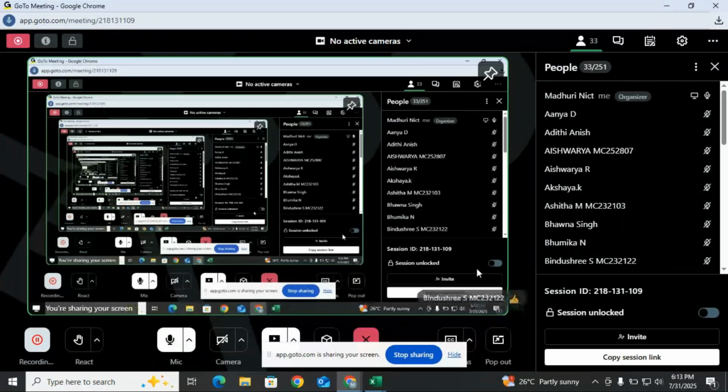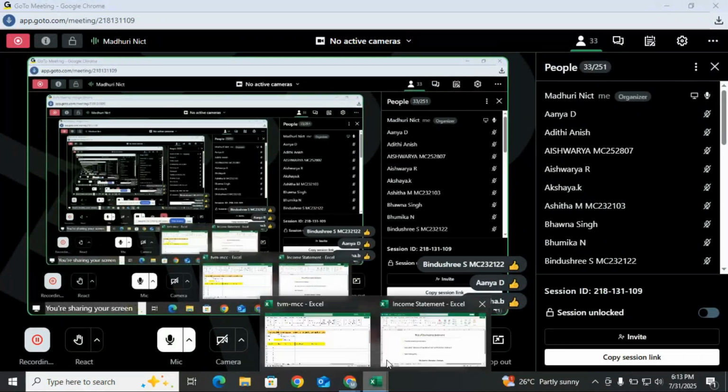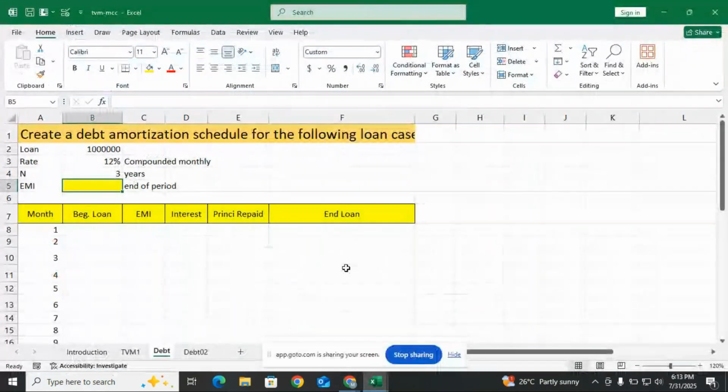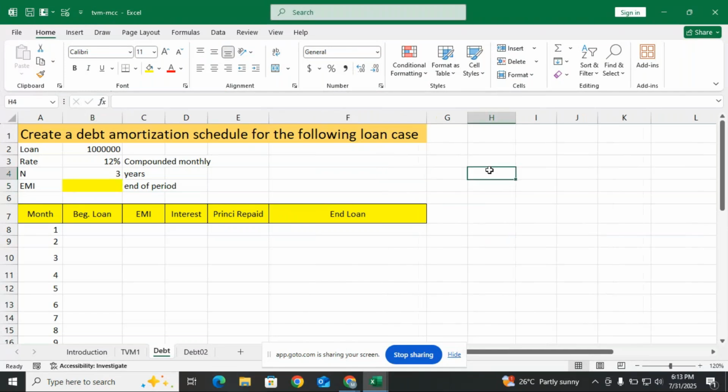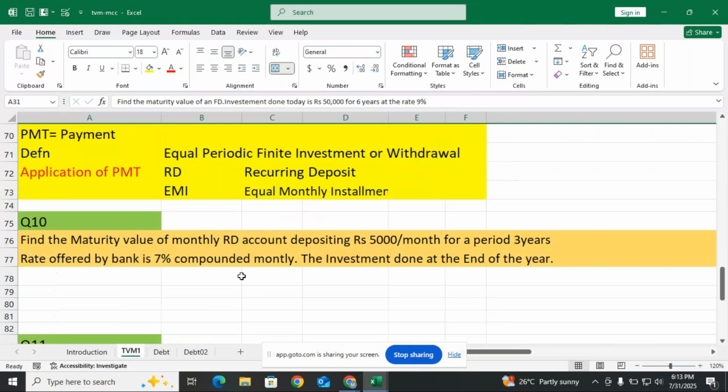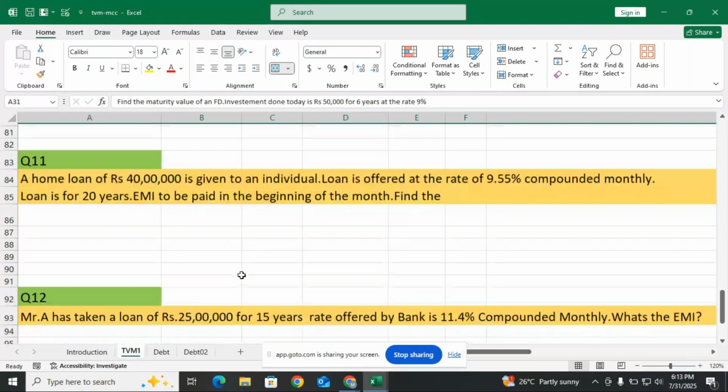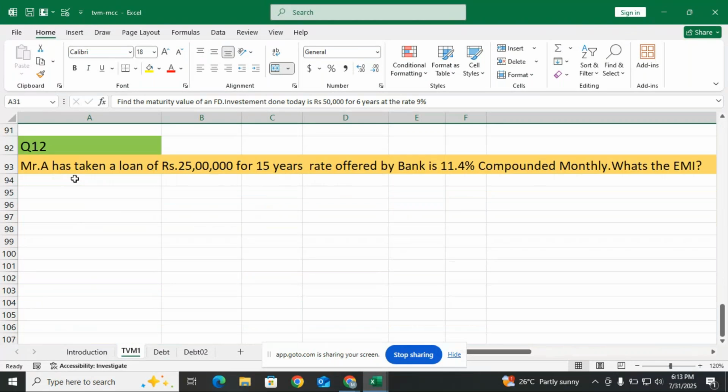So what is the case which is being given here? Create a debt amortization schedule for the following loan case. Now, in the previous time value of money sheet, we had calculated the EMI where Mr. A has taken a loan of 25 lakh for 15 years.